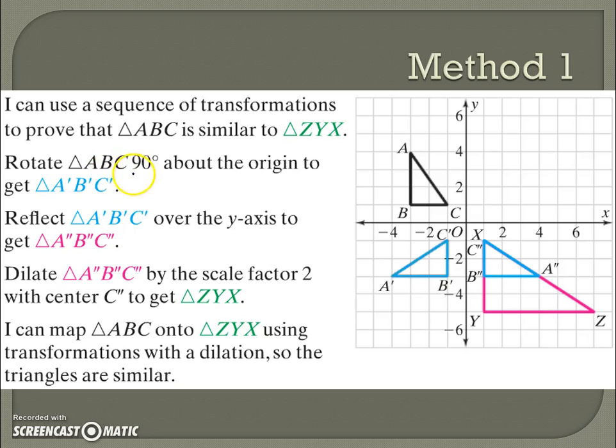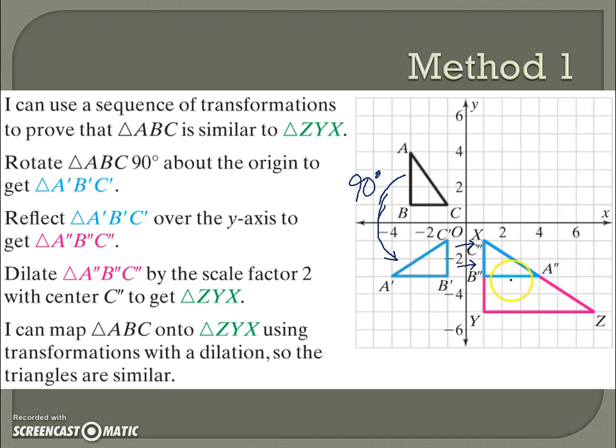So one thing I could do first is rotate 90 degrees about the origin. So that's taking this and rotating 90 degrees about the origin. Next thing is to reflect over the y-axis. So I would get from here by flipping over the y-axis. And then after that, I would dilate with a scale factor 2.